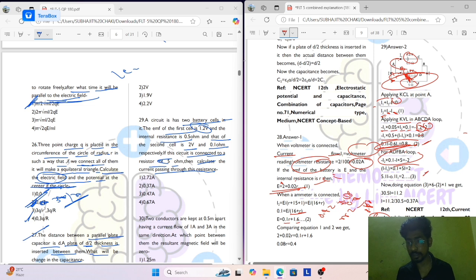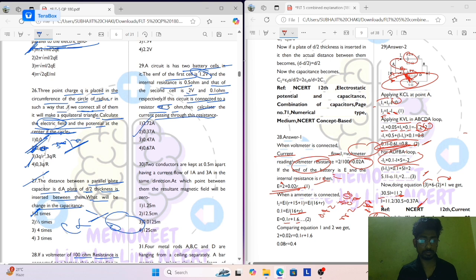Now multiply the first equation with something and the second equation with something, and apply the elimination method. So what you will get is 30.5I equals 11.2. Therefore I will be equal to 11.2 divided by 30.5, that is around 0.37 ampere, around 0.4. Option number 2 will be the correct option here.